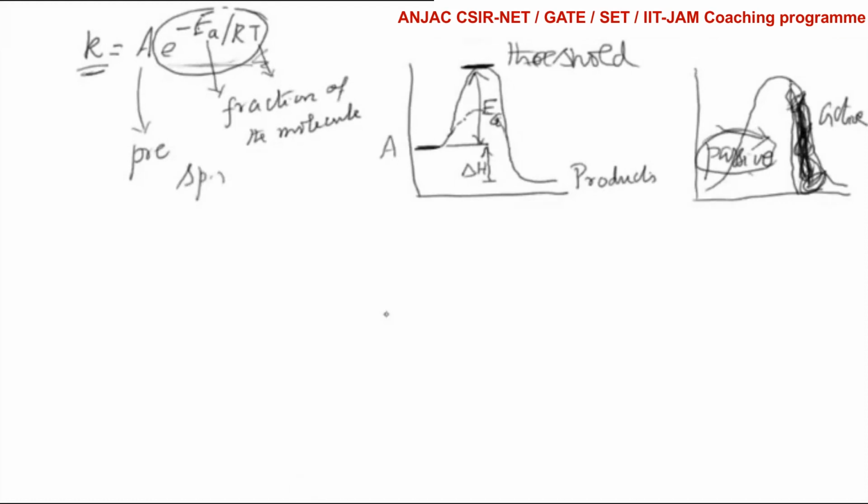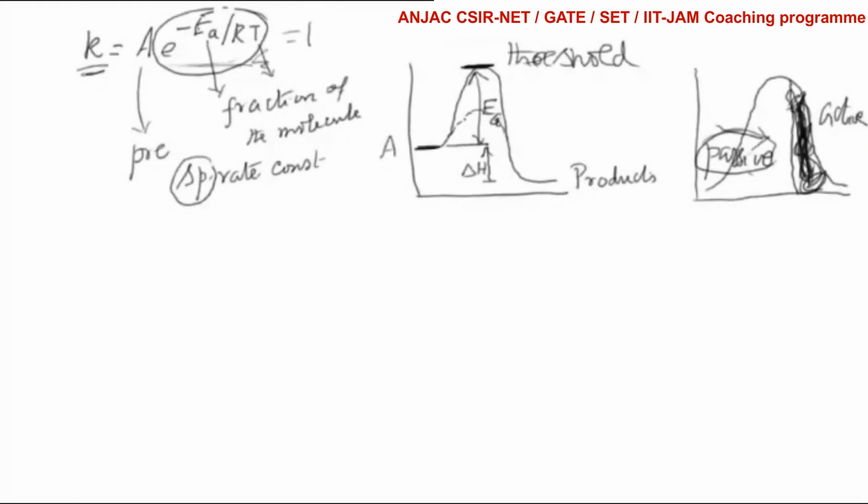Why is it called a specific rate constant? When will you use the word specific, for a unique property? Now the exponential term here is equal to unity. Therefore, A is equal to the rate constant.